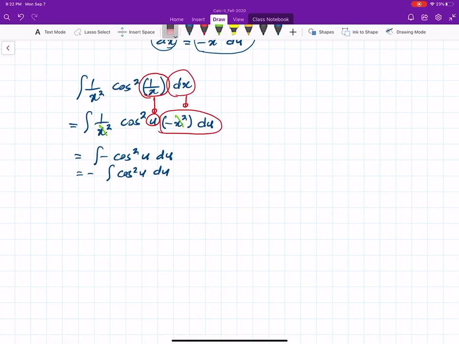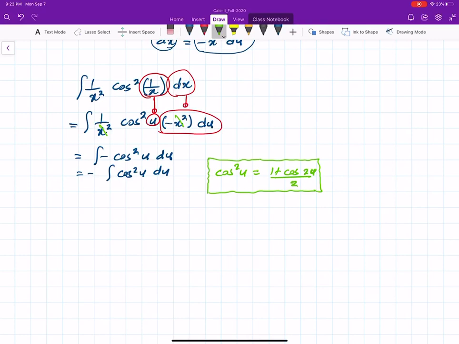All right. If you can remember this formula, let me write it here. For cos square u, there's a formula like cos square u equals 1 plus cos 2u over 2. You learn this in calc 1 when you learn trigonometry, when you use trig functions.